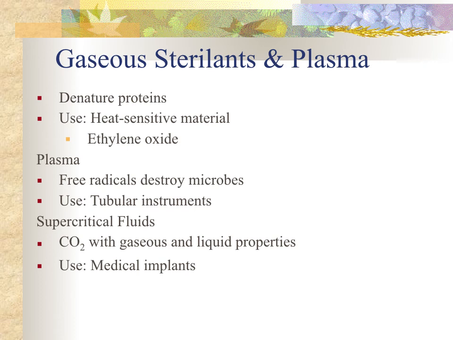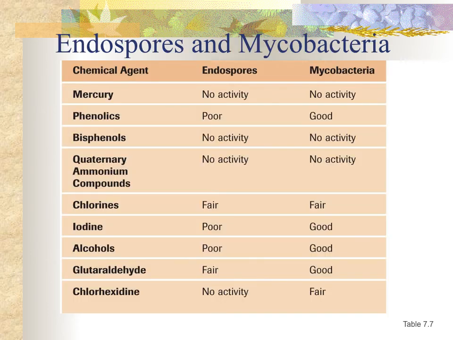Okay. So with all these, know what a chemical agent is and be able to give me some examples of chemical agents. Know why a soap is good, even though it doesn't kill many bacteria, it washes things away. And know that many things that have poor activity against the most extreme organisms are still useful, because things like endospores and mycobacteria aren't that common.